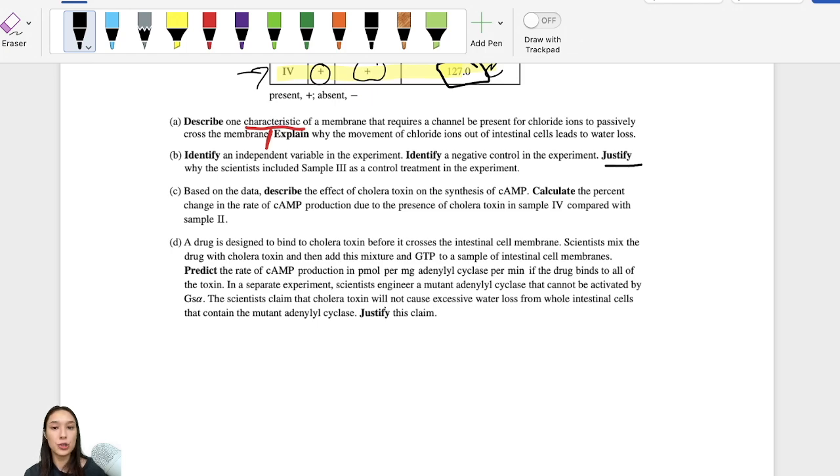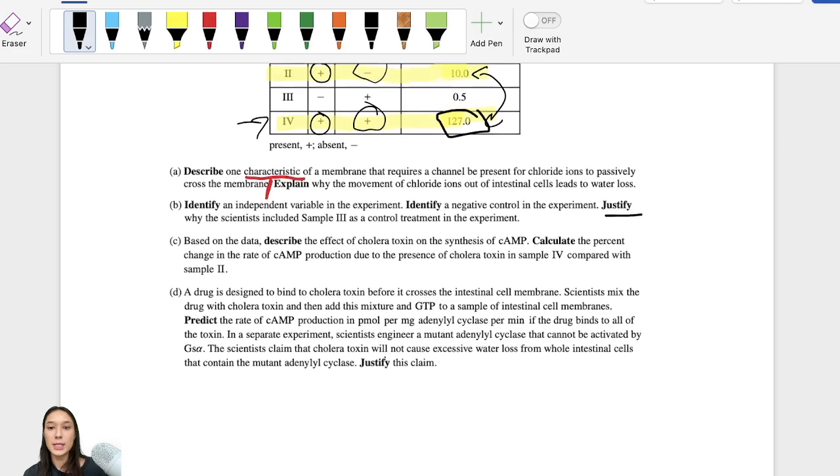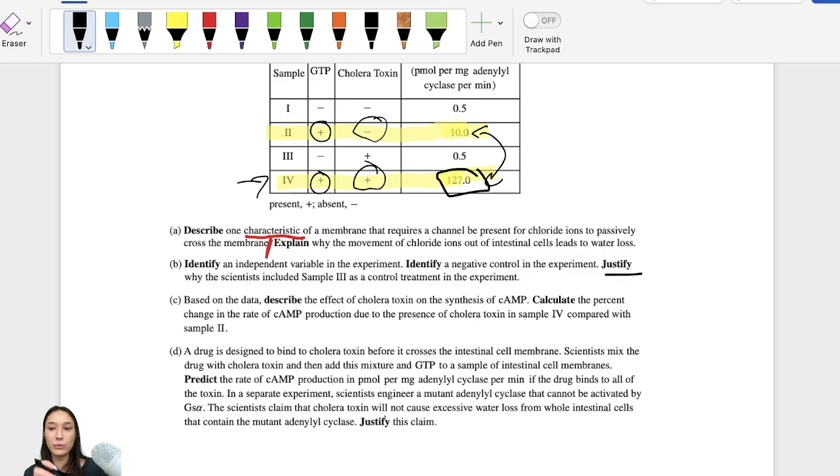Okay, so let's just do that one. A drug is designed to bind to cholera before it crosses the membrane. So our drug is binding to the cholera toxin. Scientists mix the drug with cholera and then add this mixture and GTP to a sample.